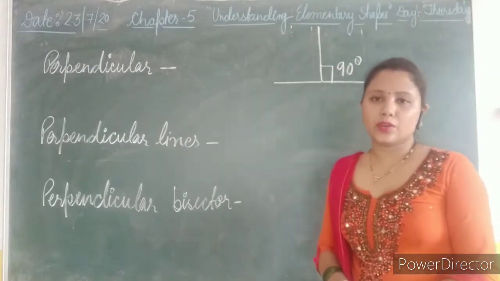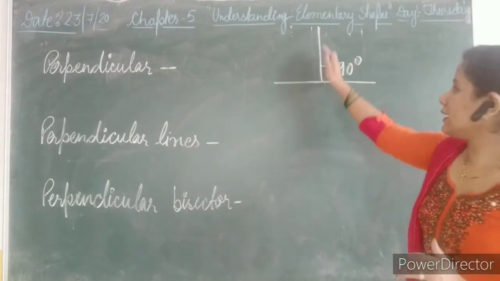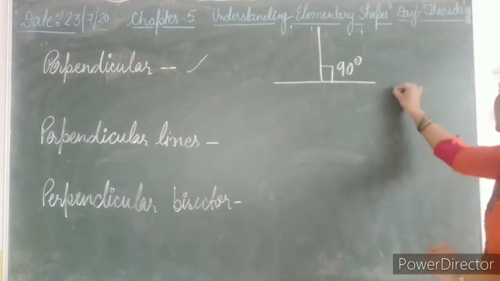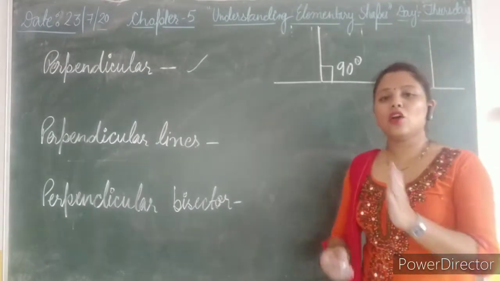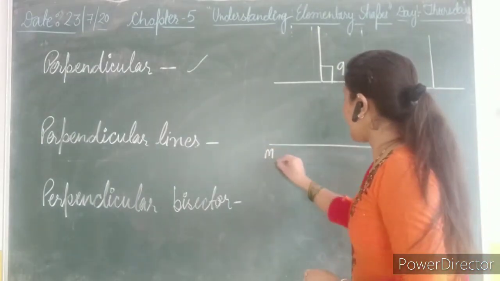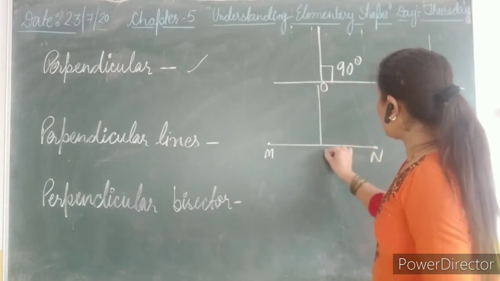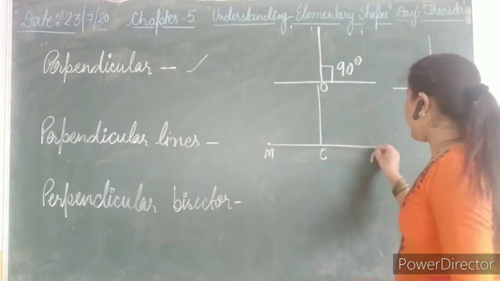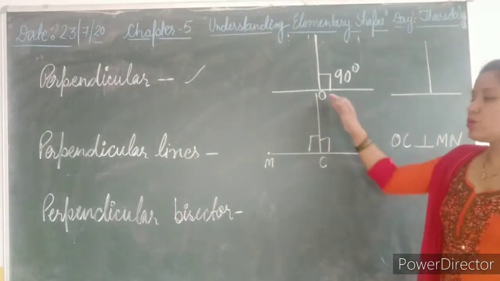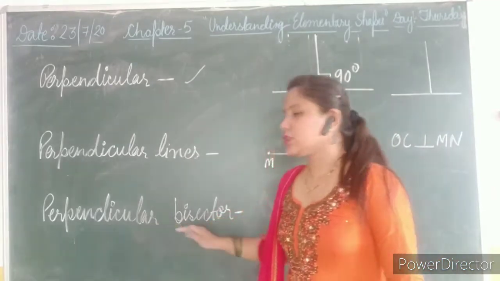That is your perpendicular on MN. Now next is perpendicular bisector.